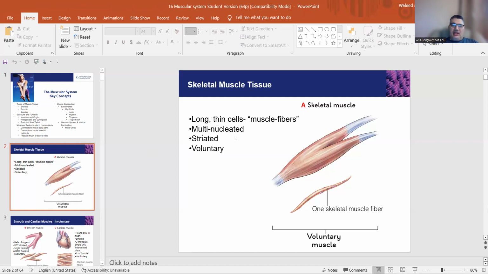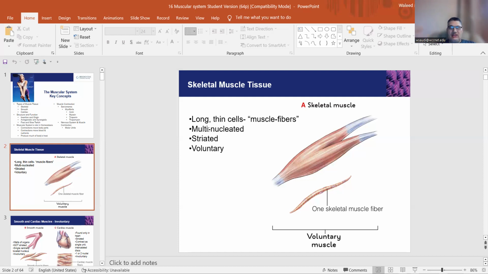What we need to know here is the muscle fiber. What's a muscle fiber? The muscle fiber is a muscle cell, but we call it fiber. The single muscle cell that together will make the muscle tissue is long, very long and thin. That's one. The other thing is it is multi-nucleated. Multi means multiple. Nucleated, nuclei. It contains many nuclei.